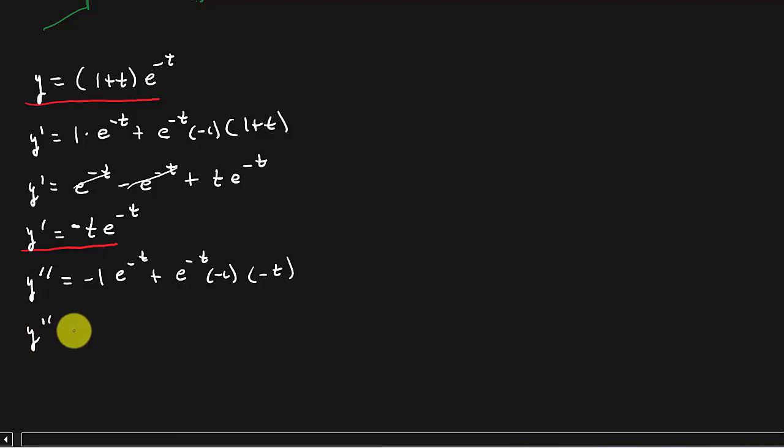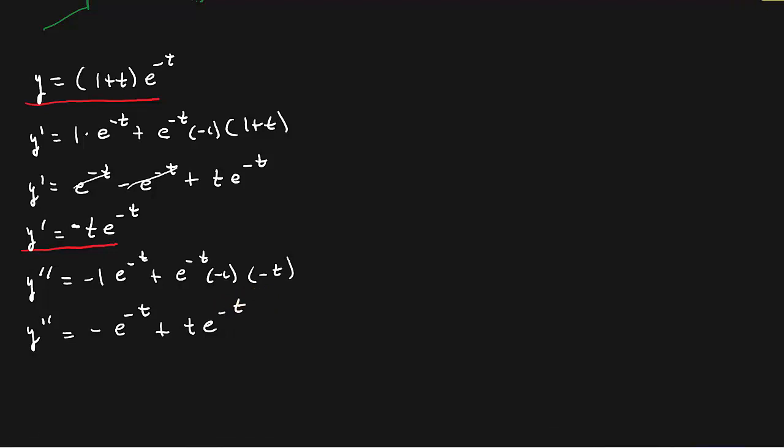So y double prime is negative e to the negative t, plus t e to the negative t. All right, so we'll be using this one.